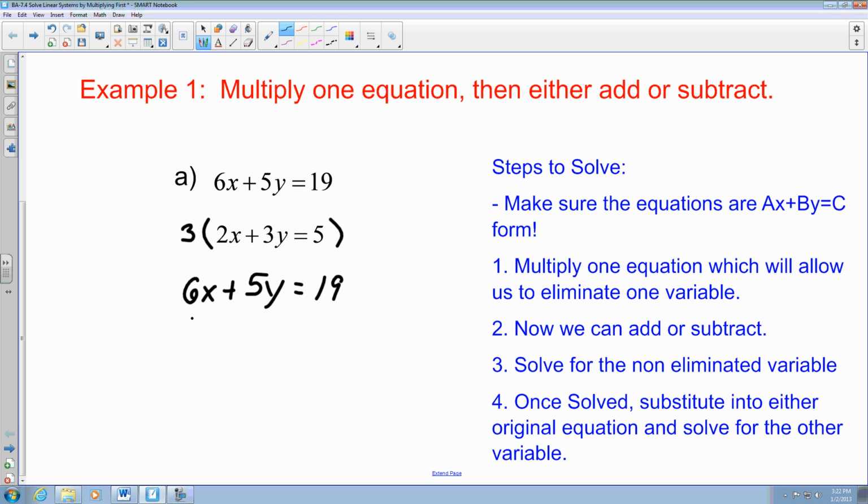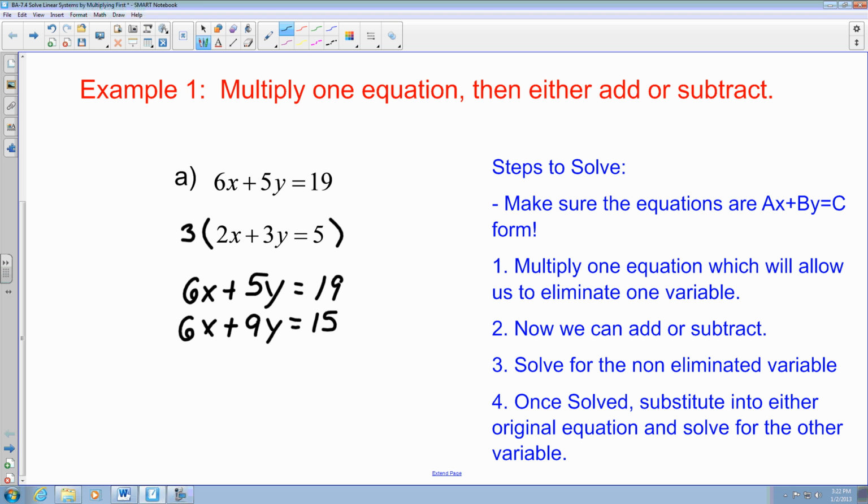So this leaves me with 6x plus 9y equals 15. So now we're given a system just like what we did in section 7.3. Now I look at it, my same coefficients are at 6x.